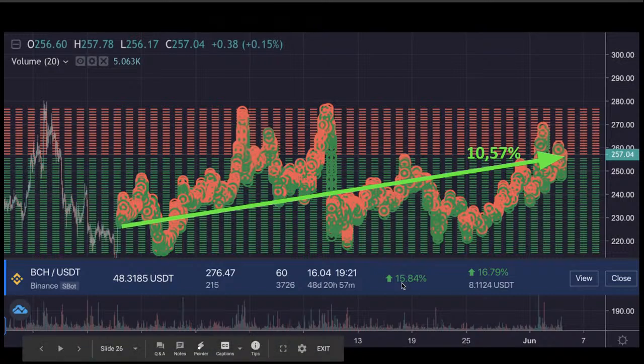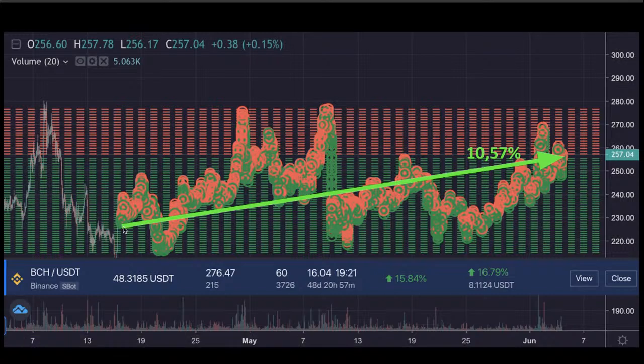And if I wouldn't launch the bot on this sideways market, in this case, my investment change would only be 10%. But having my trading bot making profits for me, it adds value to my investment change, and this accounts in 16%.